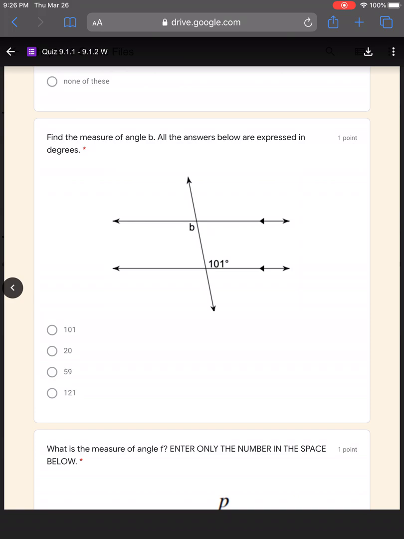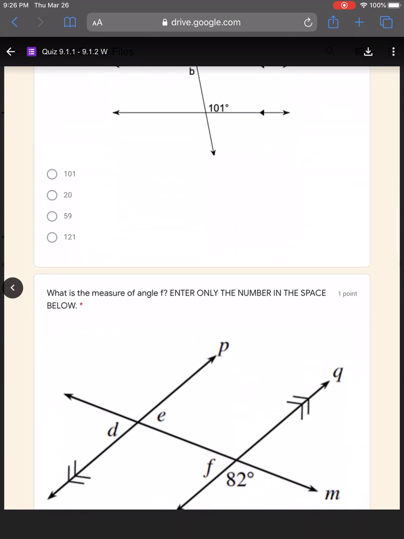Okay, next question, find the measure of angle B. All the answers below are expressed in degrees: 101 degrees, 20 degrees, 59 degrees, or 121 degrees.